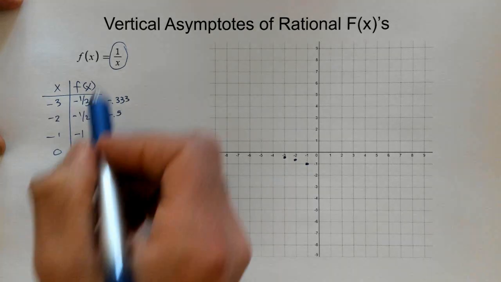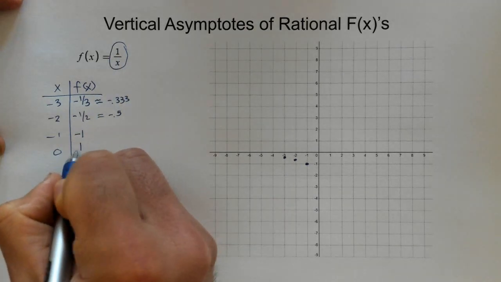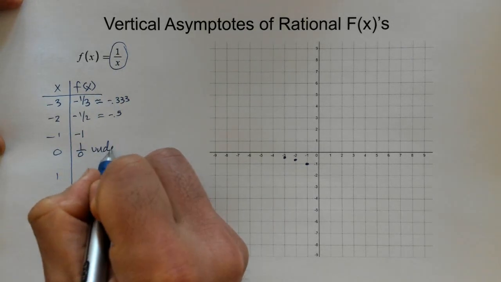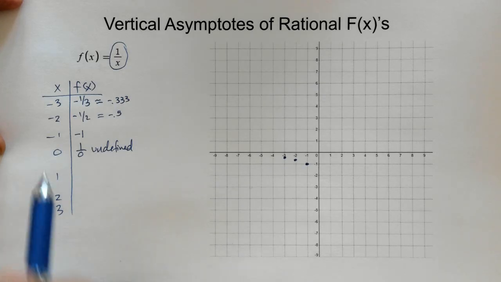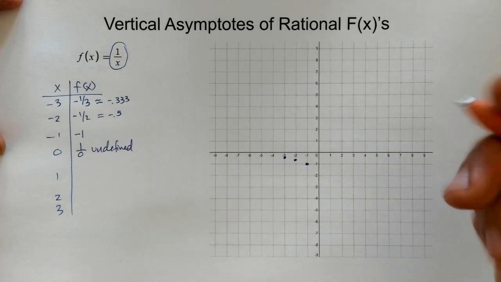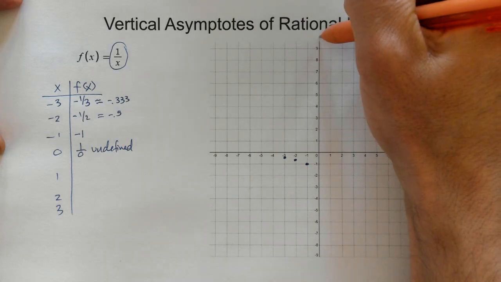If I plug in 0, 1 divided by 0 is actually undefined. This value does not exist. We are not allowed to divide by 0. So what do we do when we're dividing by 0? Anytime that happens, we're going to draw a vertical asymptote at 0.